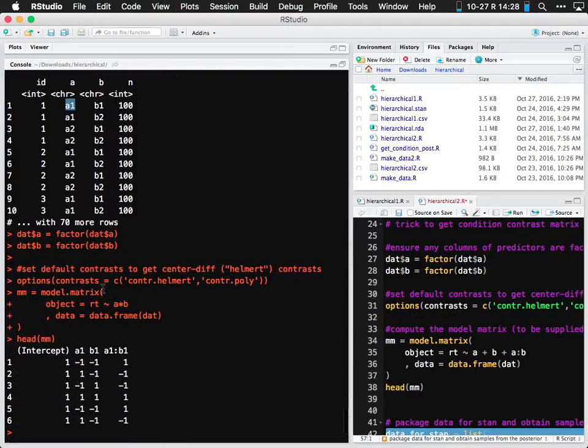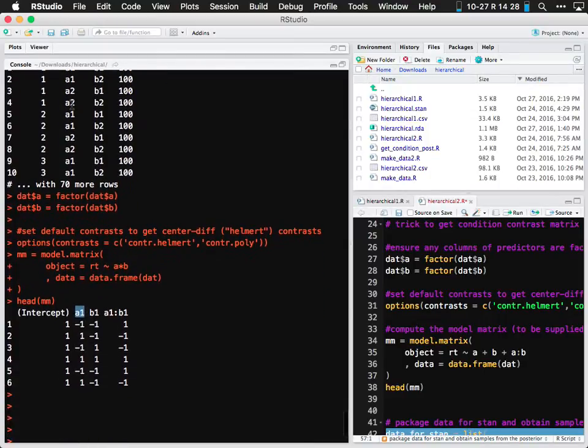Forgetting that when you do model matrix, it automatically takes the name of the column and puts a 1 next to it to create the name. There's a level called A1, but that's completely unrelated to the name that's up here. So what are A1 and B1 down there? It's just the contrast for A, the contrast for B, and the contrast for A interacting with B. You can ignore the ones there.